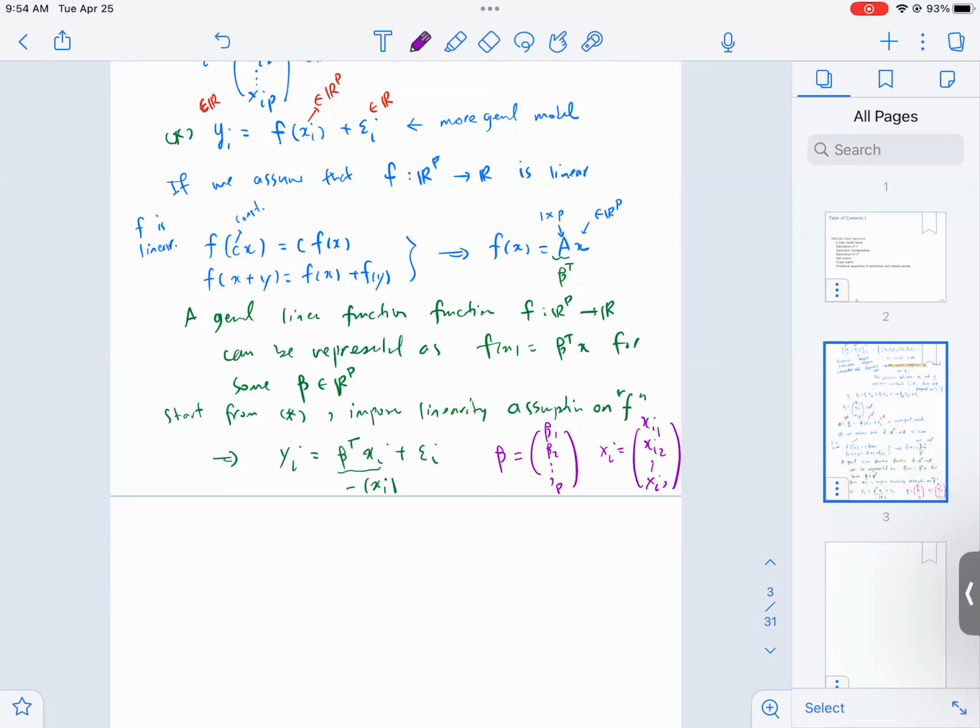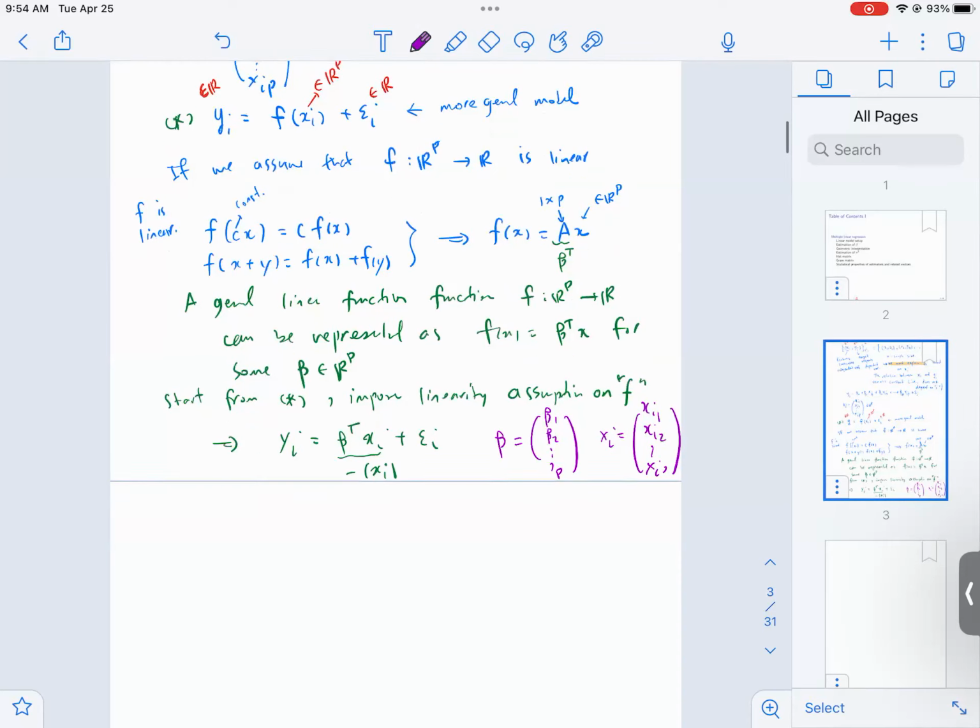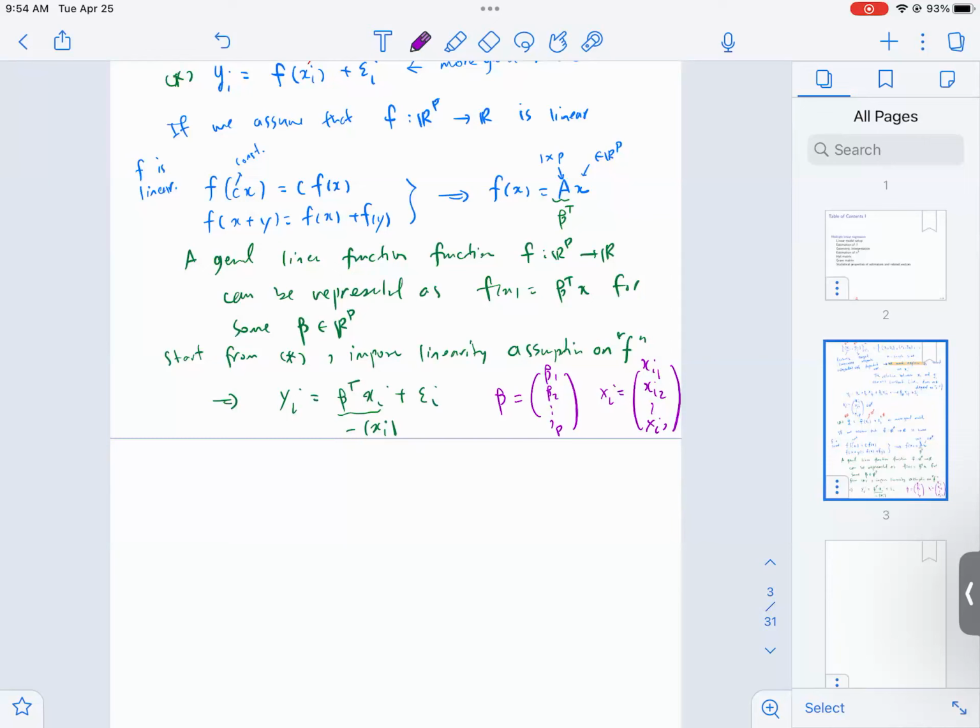You can do it in the case where p is equal to 2, let's say. Actually, it's easier to do it when... Yeah. So let me maybe point out that oftentimes you add an intercept to the model.